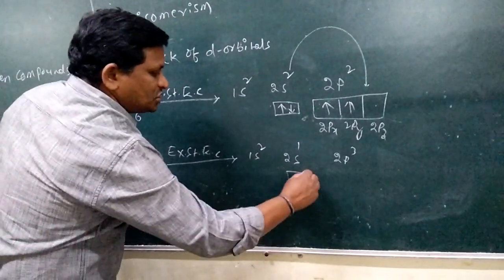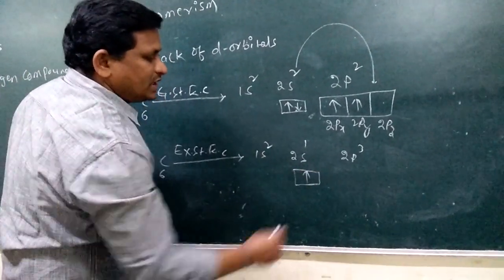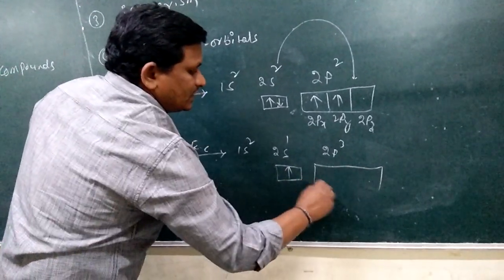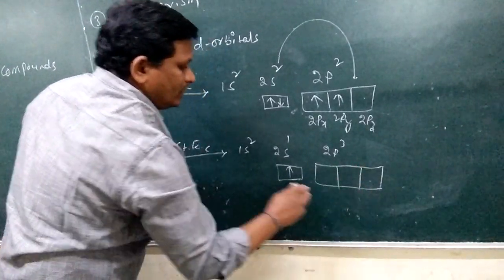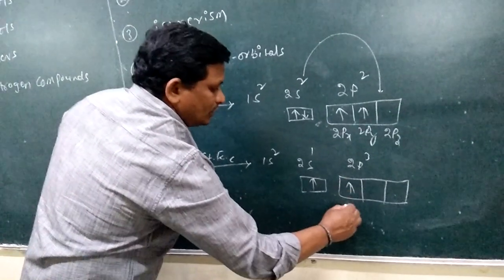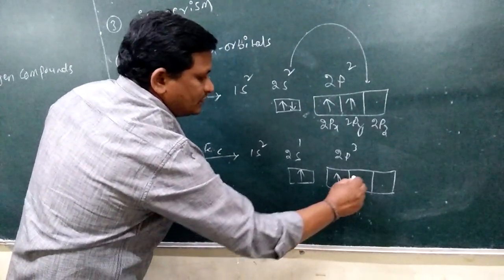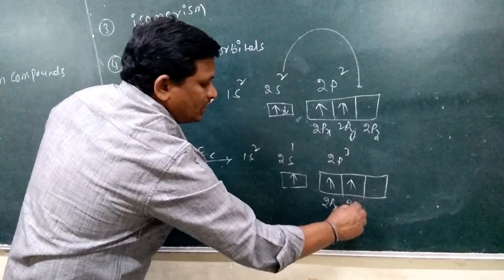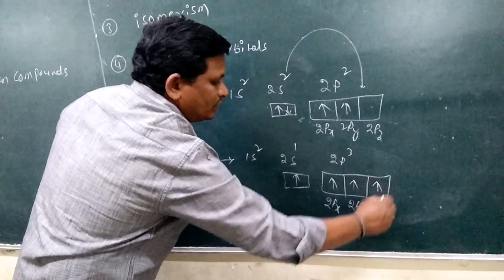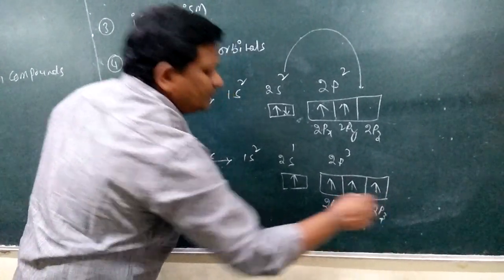So the valency shell of carbon is 2s and 2p, with configuration 2s1, 2px1, 2py1, 2pz1.